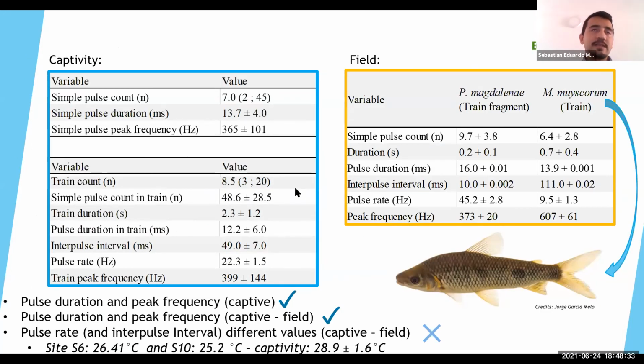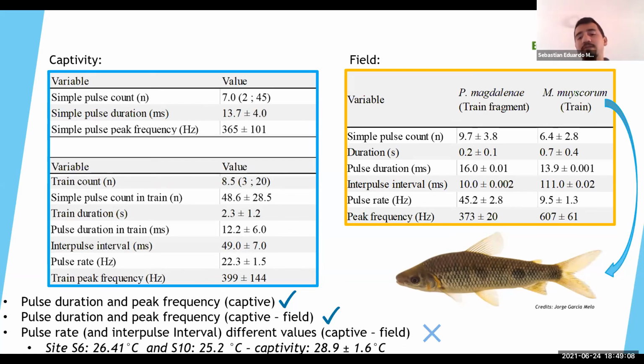In general, there is here a lot of information, but for summary, we can see that for captivity, pulse duration and peak frequency is similar. Pulse duration and peak frequency for Boca Chico is similar between the captive animals and the field animal, but here we find like another conspicuous signaling.